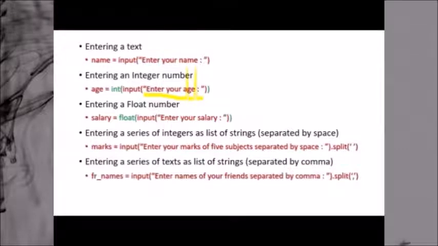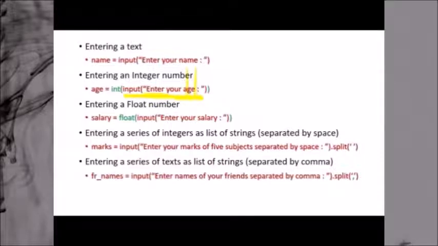The prompt will appear and you will enter the age, say 18. Input gives you a string, so this string will be converted to integer and stored into the variable. Similarly, if you want to enter a float number, say enter your salary, you will convert it into a float.